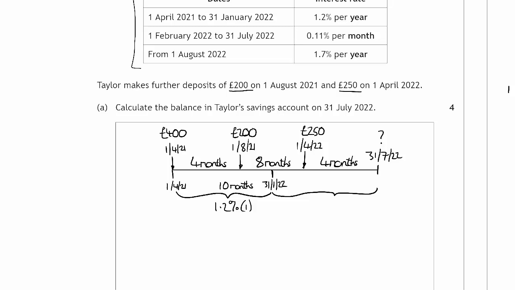Because we're looking at the account on the 31st of July, that is going to be 6 months, and that's going to be 0.11% per month.